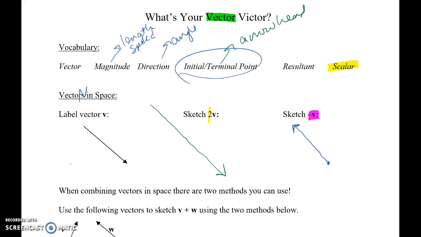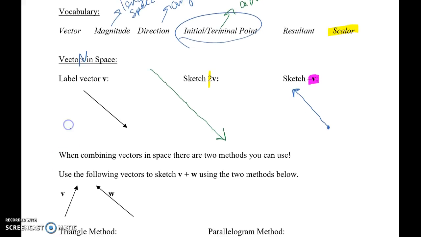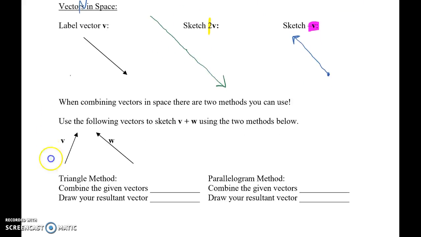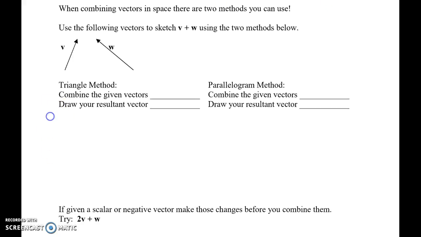Well, before we can do application in the real world, we just have to practice combining vectors in space. What this means is when you combine two vectors, you are typically adding them. And how are we going to add two vectors when we don't have numbers associated with them? There are two different methods: a triangle method and a parallelogram method.